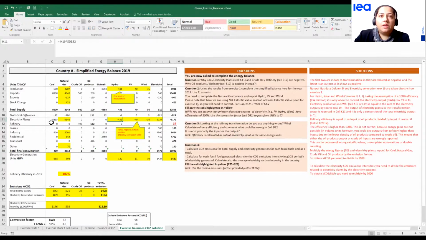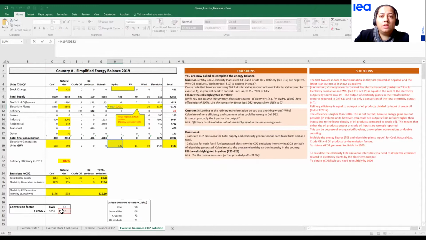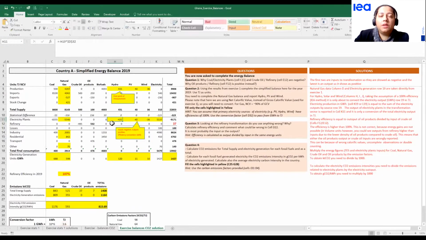So you can calculate your electricity plant's input. But here the electricity plants are in terajoules, so you have to convert the output into terajoules using this conversion factor. 1 gigawatt hour is 3.6 terajoules. And because it's an input, you will put the negative sign in front of your output.